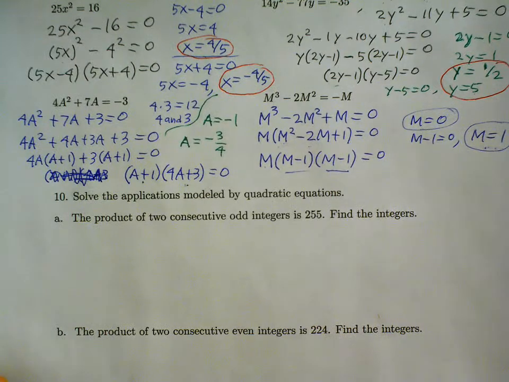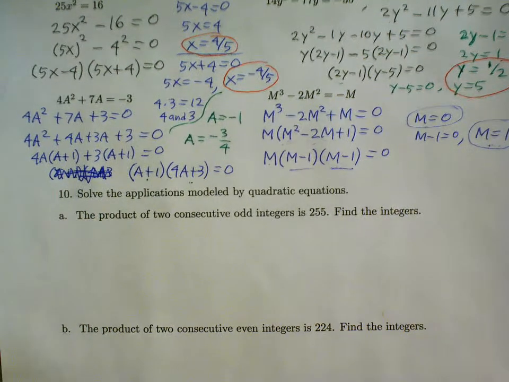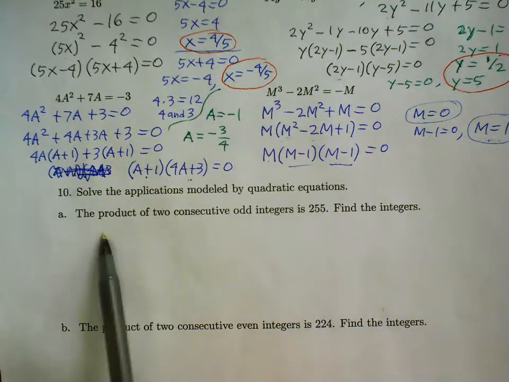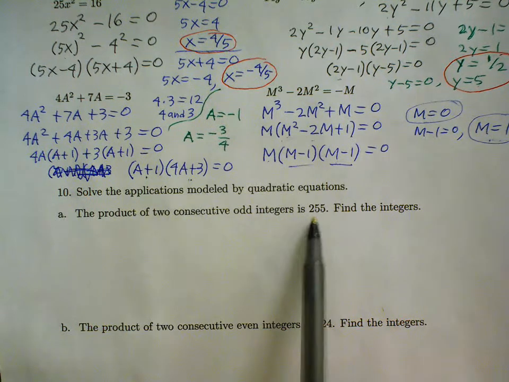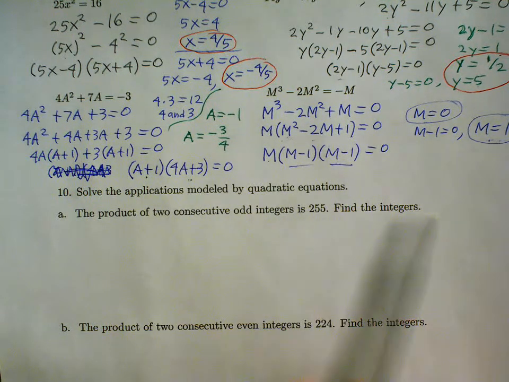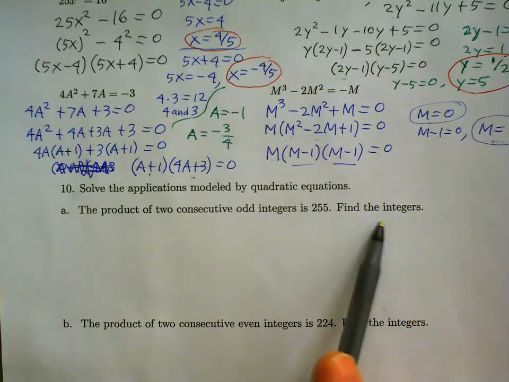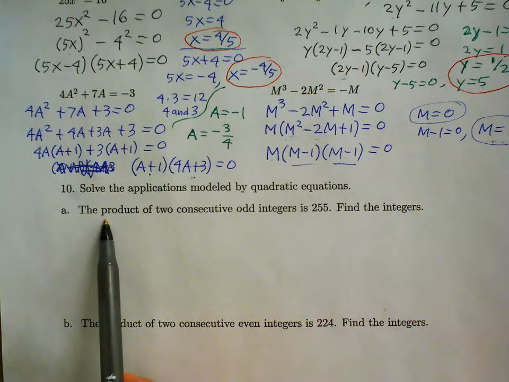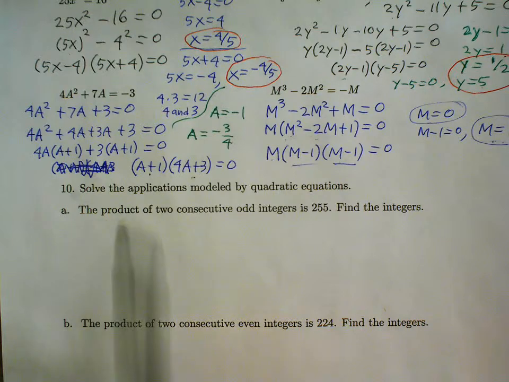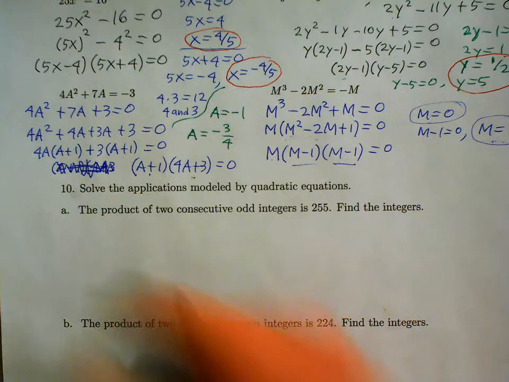Okay, let's look at the word problems. The product of two consecutive odd integers is 255. Find the integers. Okay, so we can represent two consecutive odd integers.